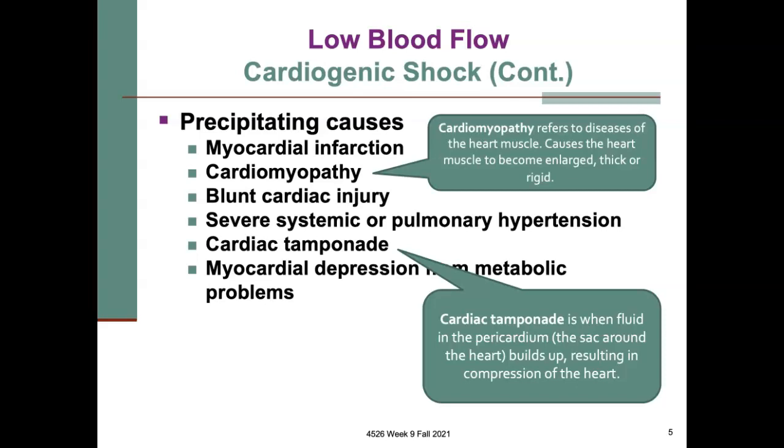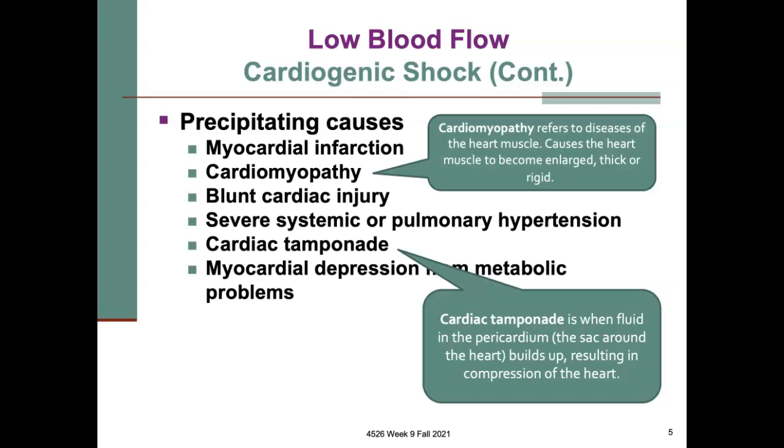Precipitating causes of cardiogenic shock include myocardial infarction, cardiomyopathies, which are a thickening of the ventricular muscle, a blunt cardiac injury such as a stab wound, and severe systemic or pulmonary hypertension. So think back to when we spoke about pulmonary hypertension and the impact that has on the heart.